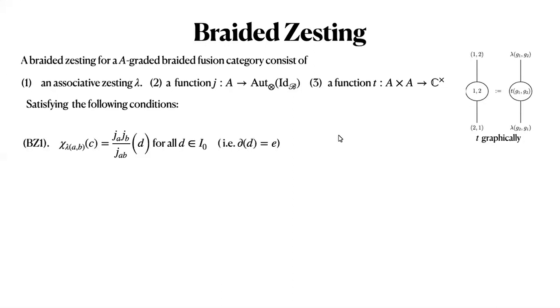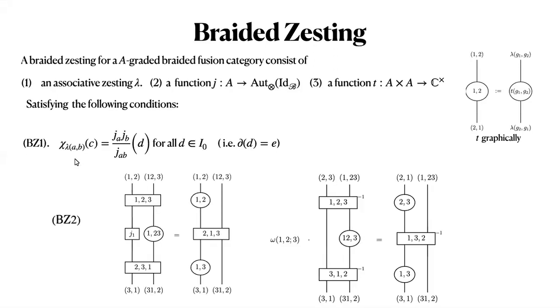And this should satisfy the following condition. First is some compatibility between this function J and this chi that I defined in the previous slide. In some sense this is a compatibility with the braid. And the other are the two conditions associated with the hexagon equation.